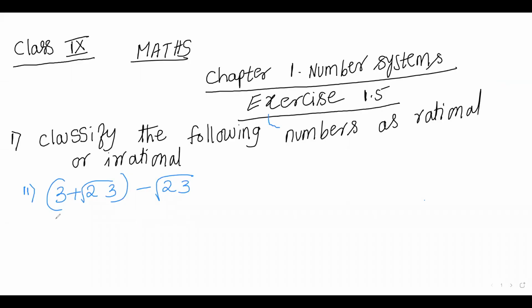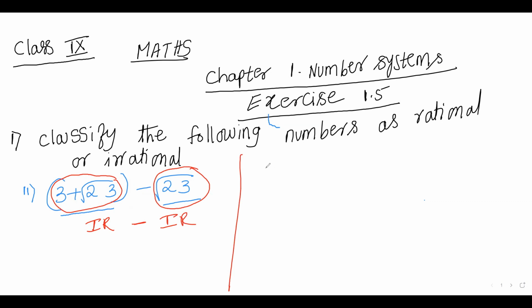In the next question we have 3 plus root 23 minus root 23. This whole part is irrational. And this is again irrational.